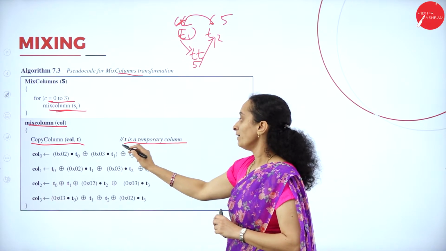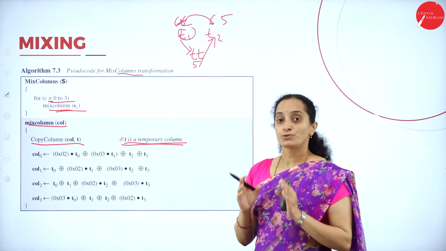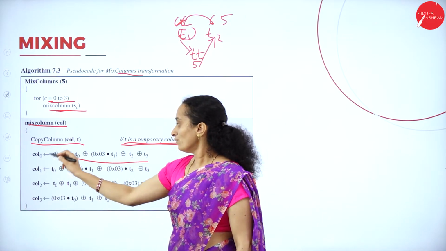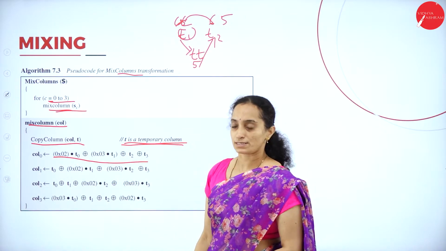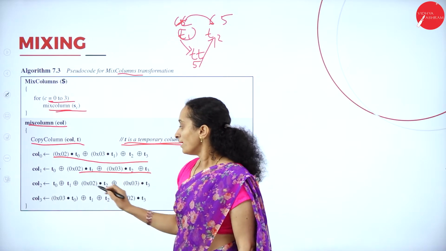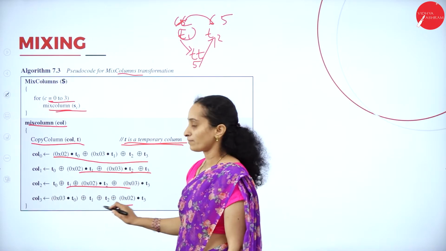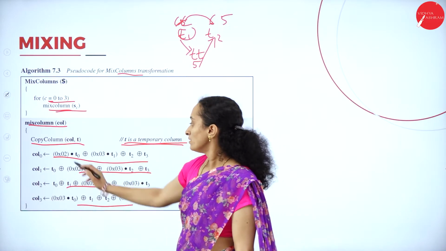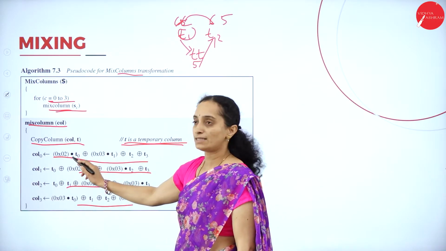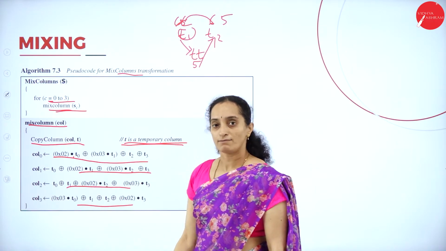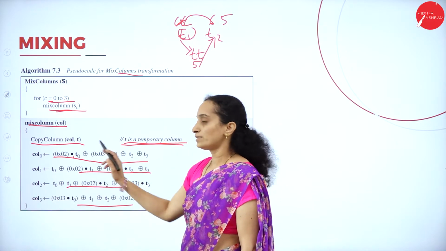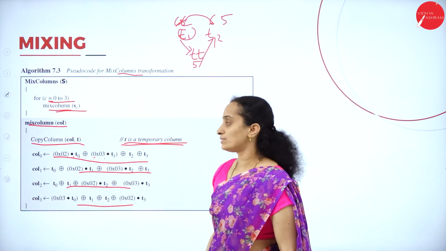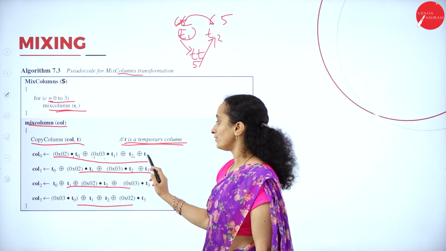In the same way, we'll take a temporary column to temporarily store the bits. We are going to perform the XOR operation to exchange the bits between the columns. Here we have column 0: 02 multiplied with the temporary value at the 0th column, XORed with 03 into T1, T2, T3.